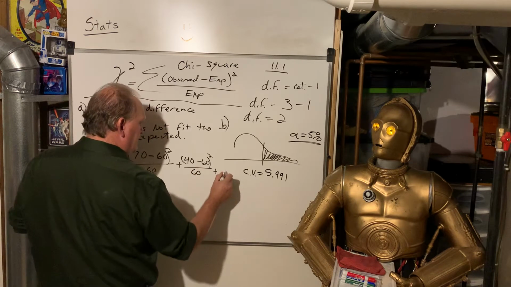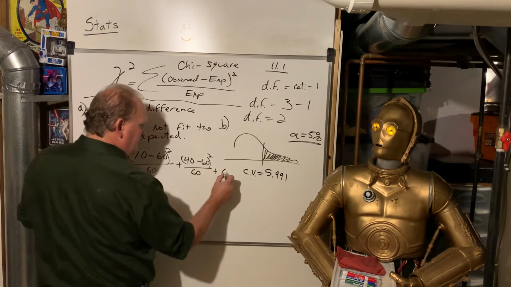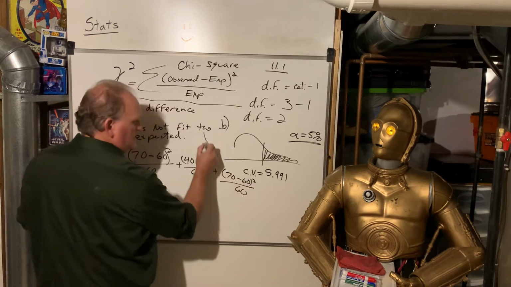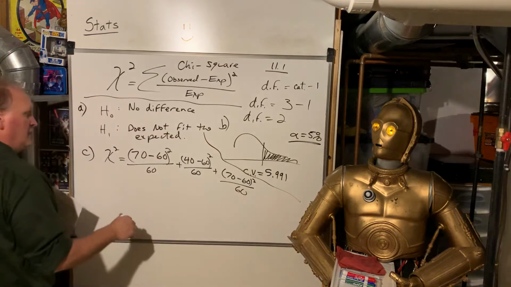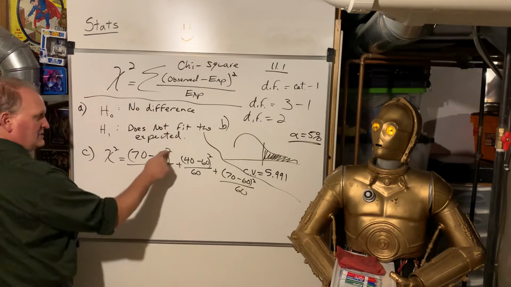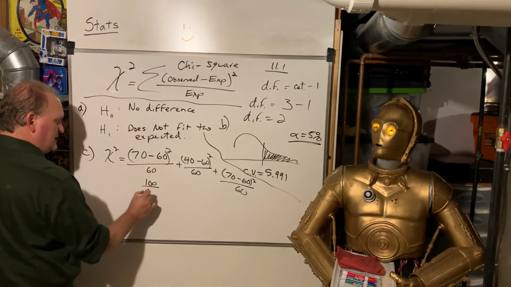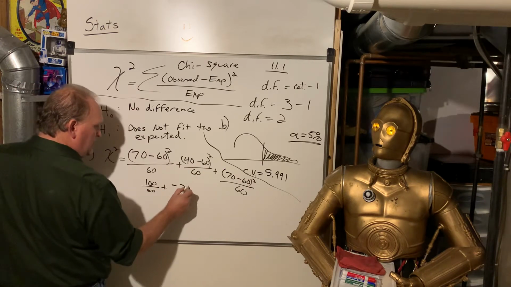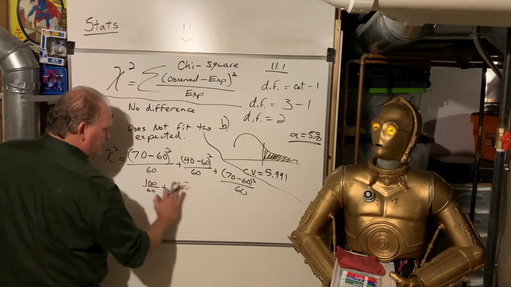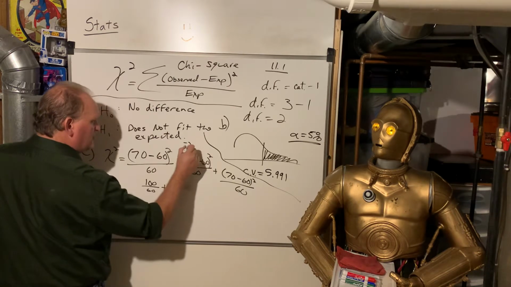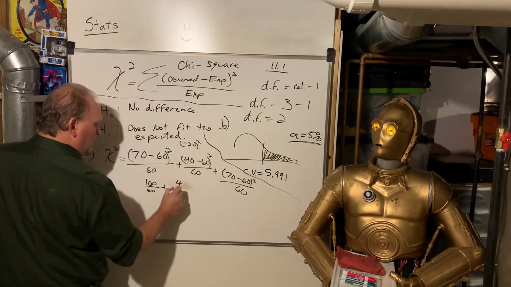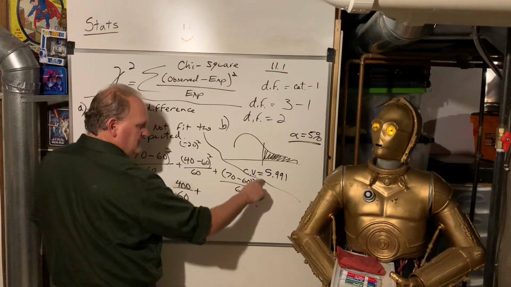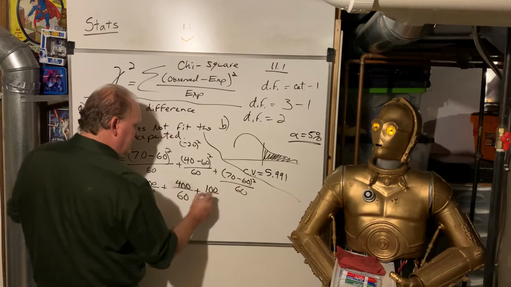And then, same one, 70 minus 60 squared divided by 60. Sorry, I had to write downward here. So that is 10 squared, that's 100 over 60, plus negative 20 squared, which is 400 over 60, and 10 squared is 100 over 60 again.